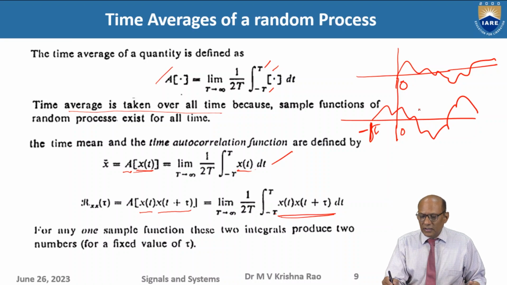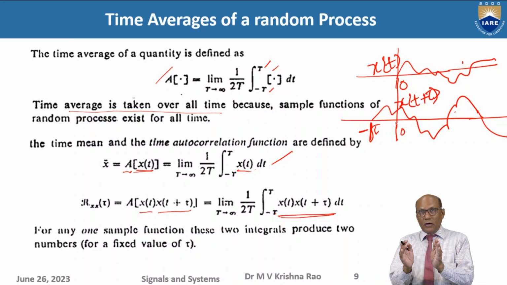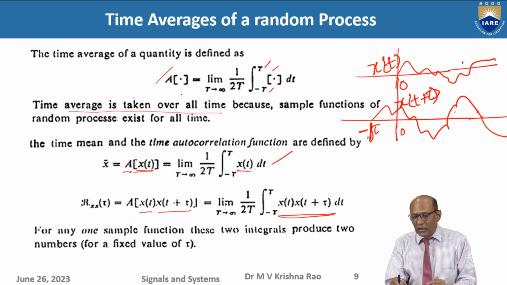So this is the common area, I mean, the same waveform. This is x of t, and this is the shifted one. I can say x of t plus tau or t minus tau. Like that, I am shifting the total waveform for a given tau.